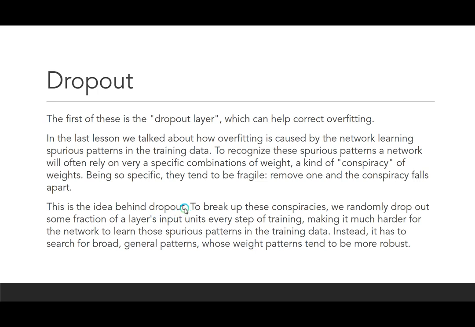So the idea behind dropout is to break down conspiracies. And what are conspiracies? These are spurious patterns that a network will often rely on in order to make predictions. For example, if your child learns something bad from school and meets another kid who is joining the school today, he is going to show that kid what he usually does.